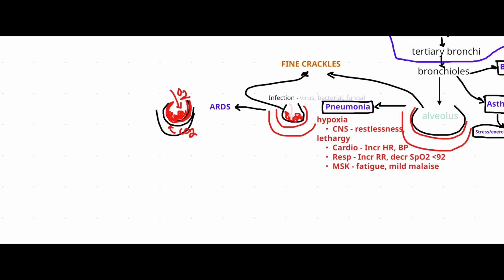So what's different with ARDS? Well, with ARDS, there are more effects of the inflammation. So not only are we going to have these, now our ABG is going to get affected, right? So what's the first thing that we look at in the ABG?